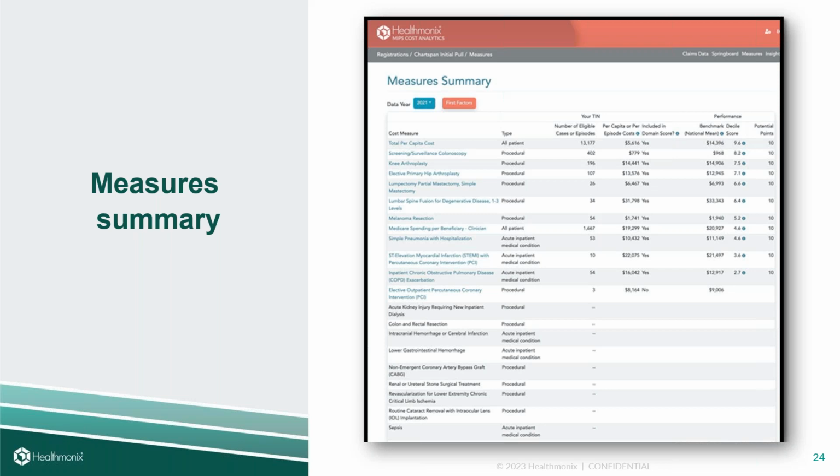Just like in quality, when you have 6 measures for traditional MIPS or 4 measures for MVPs, here, however many measures get attributed to you, they average your scores out. So you could be like, holy moly, I've got a lot of work to do to understand all of these and figure out how to attack my cost score.